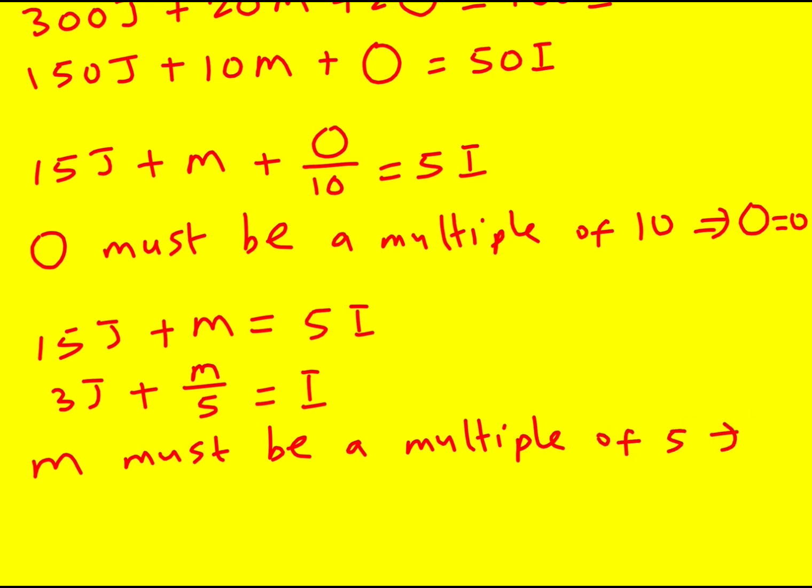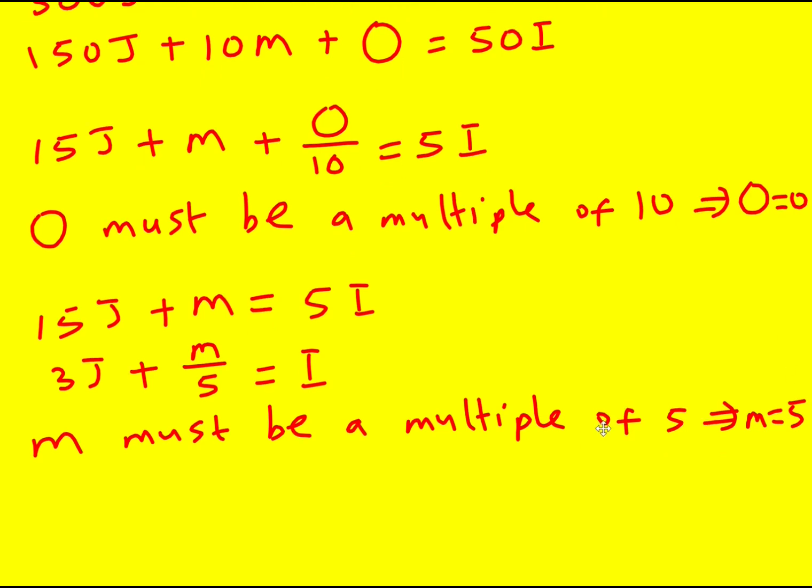And remember, M can't be the same as O because they're different, so M has to actually equal 5. Okay, this is going well. And then we get to the fact that I must equal 3J plus 1.